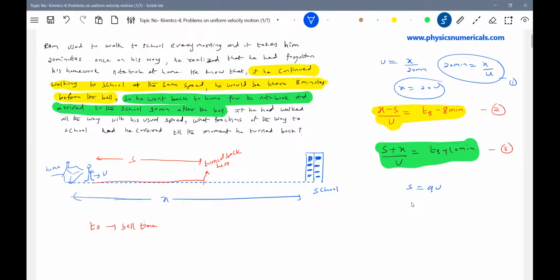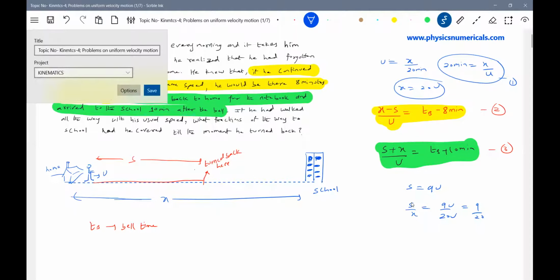He is asking what fraction of the way to school he had covered till the moment he turned back. s by x is asked, so 9u by 20u. Just based on uniform velocity motion, nothing big. I picked up this problem keeping that in mind.